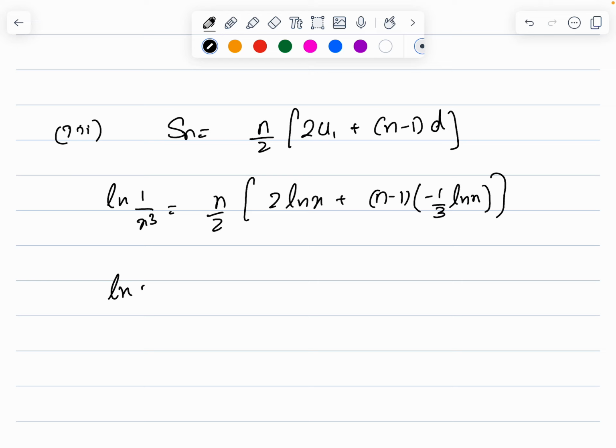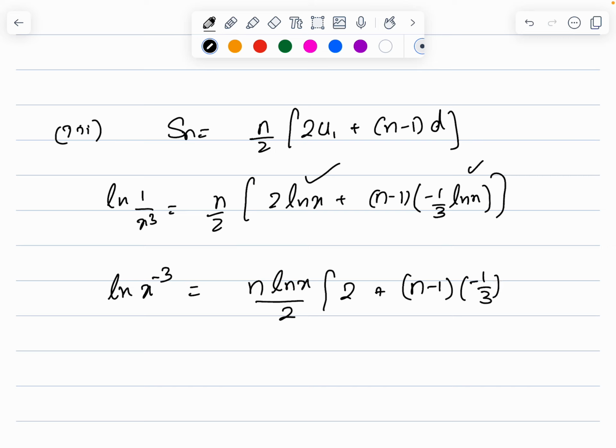So this is ln x to the power of negative 3, equals ln x common, n ln x upon 2 times (2 plus (n minus 1) times negative 1 upon 3). Then minus 3 ln x equals n ln x upon 2 times (2 minus (n minus 1) upon 3).